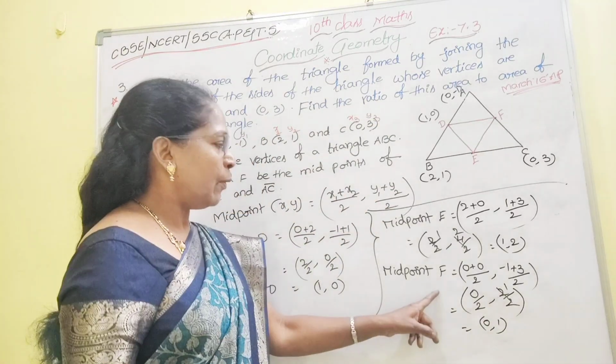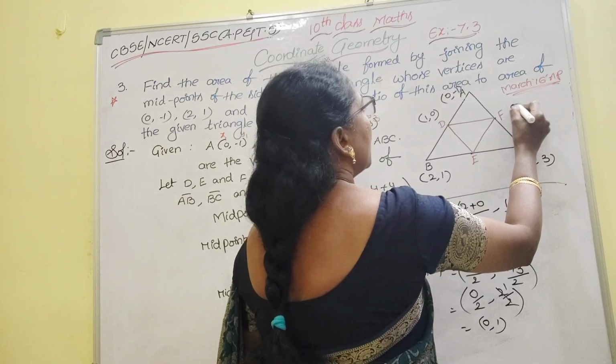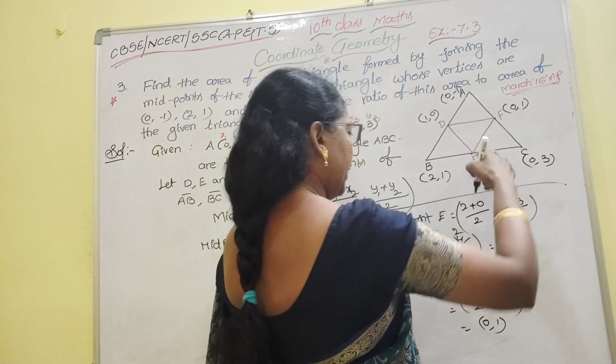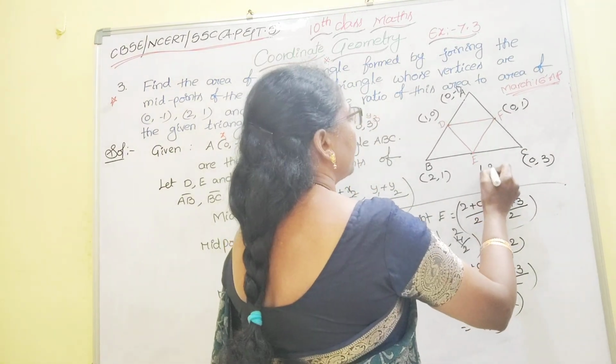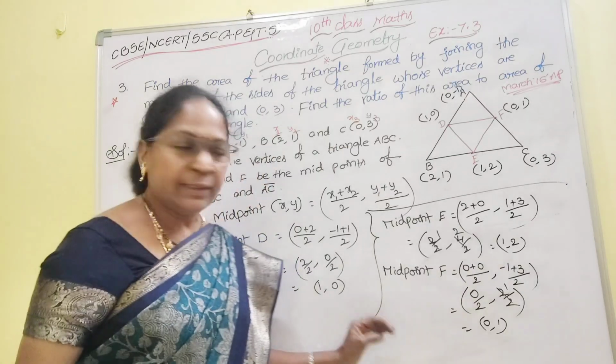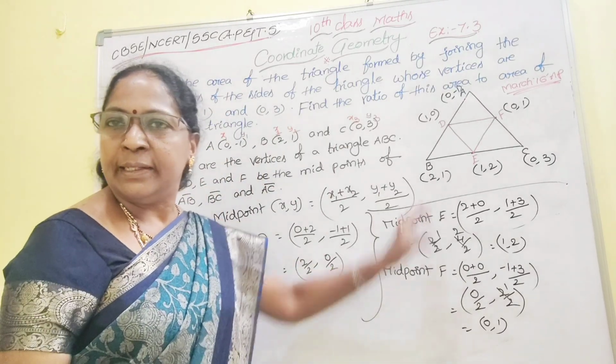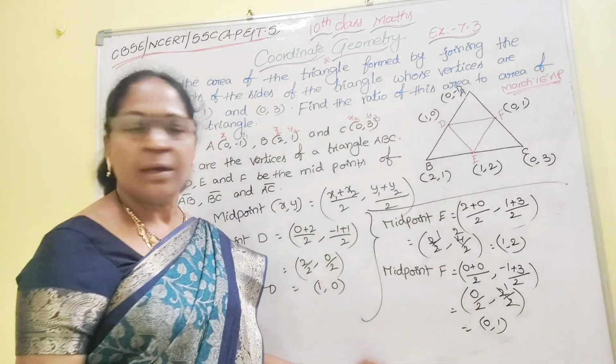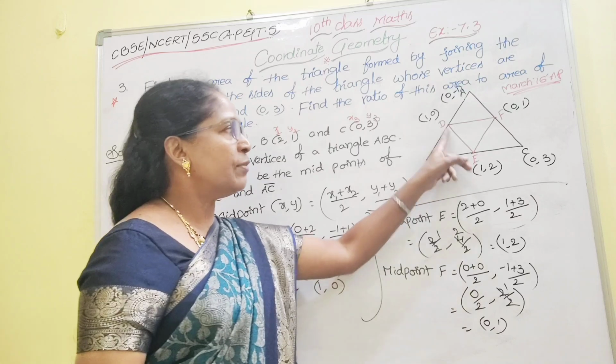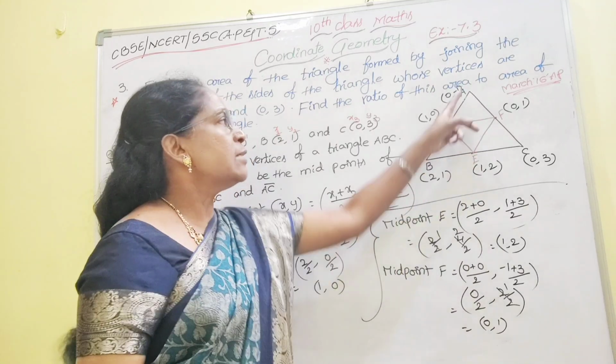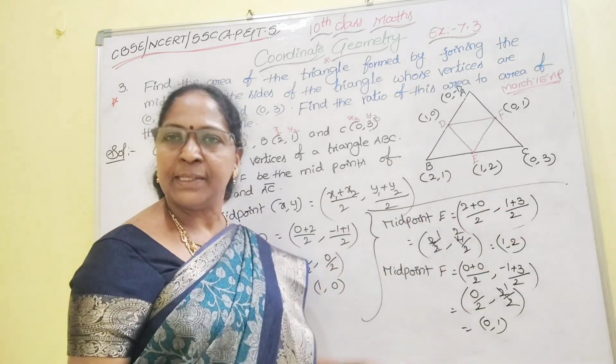So midpoint F value is 0 comma 1 and E value is 1 comma 2. These three are the midpoints. DEF are the midpoints. Now we have to find out area of triangle DEF, as well as area of the triangle ABC.